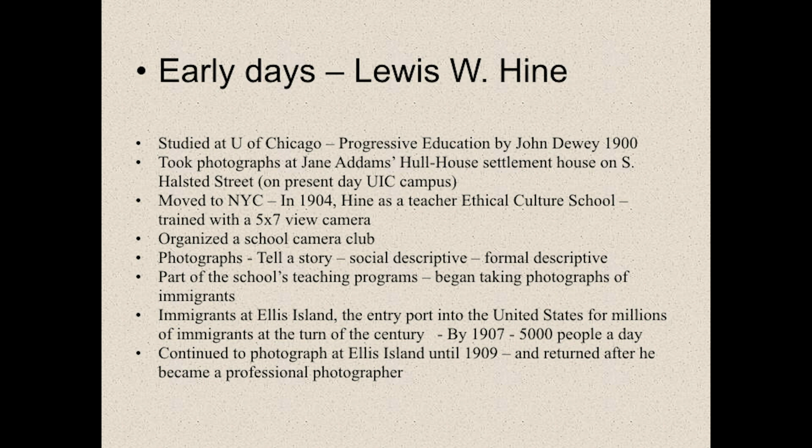Paul Strand was one of Lewis Hine's students, and he would take him down to Ellis Island, sort of like a field trip. And when we get to Paul Strand, you'll see where there might be a connection.